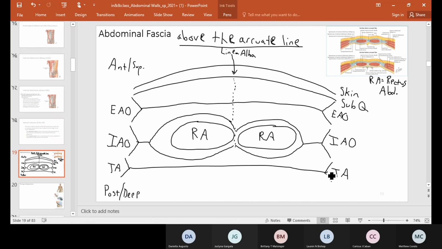They put a second layer of paper deep to that, but they split it in half and put one half above the French baguette and the other half below the French baguette. That's IAO. And then they put an entire sheet all underneath of it, and that's TA. Make sense? Okay.